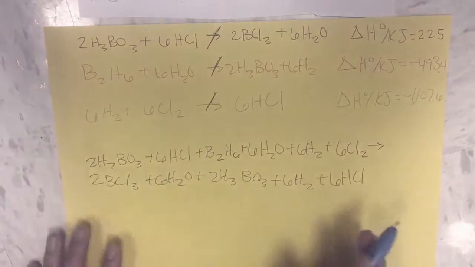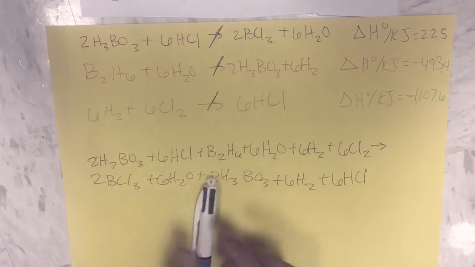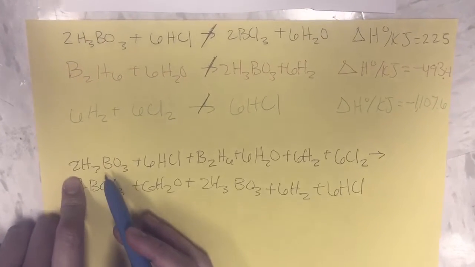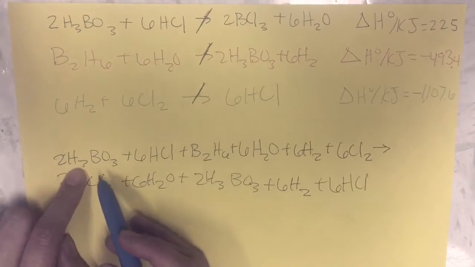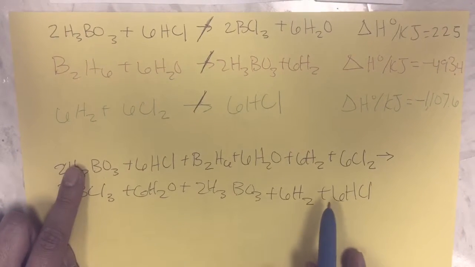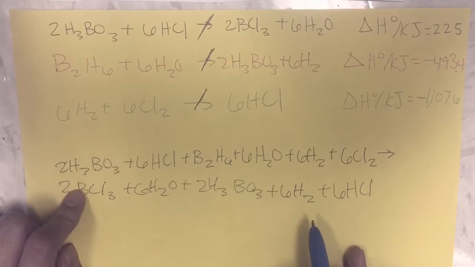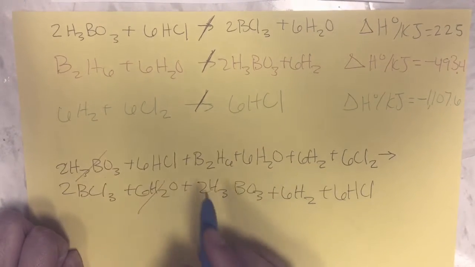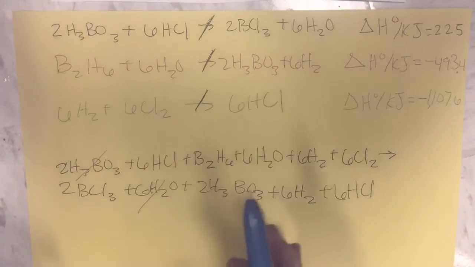At this point, you need to start canceling out anything that's similar from each side. Here we have 2H3BO3 on the reactant side and the same compound on the product side, so you just cross those two out, and do the same thing with the other compounds.